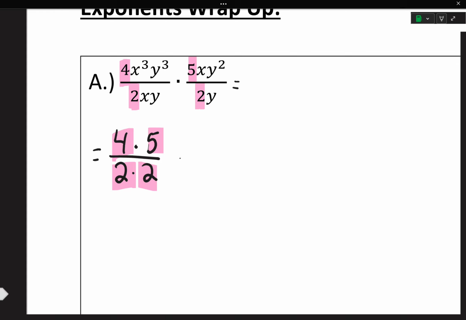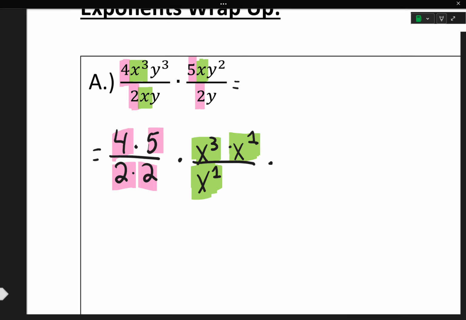I'm going to create another fraction with only x's. In the first fraction, I've got x to the power of 3 on top, and on the bottom I've got x, which is x to the power of 1. In the second fraction, I had x to the power of 1 on top and no other x's on the bottom.